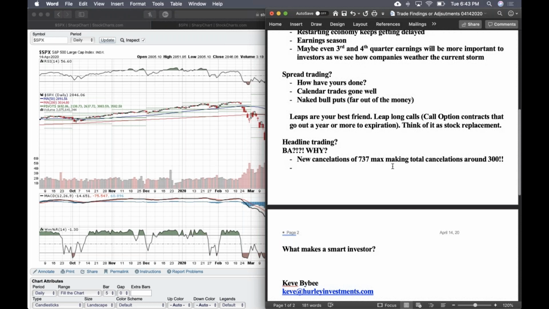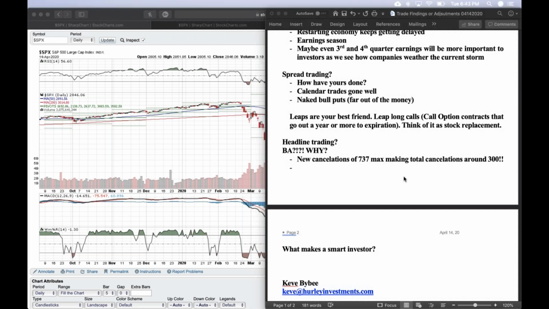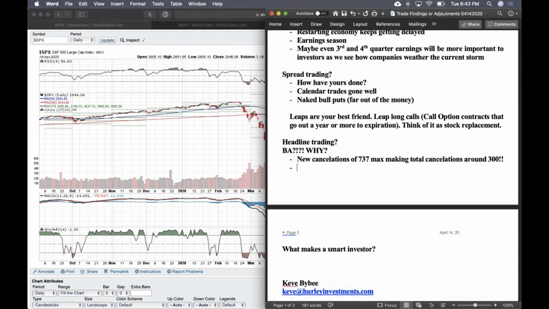But let's just go over this. So 300 out of what? Again, if you just look at the headlines, if you're just trading on the headlines, that doesn't tell you the whole story.